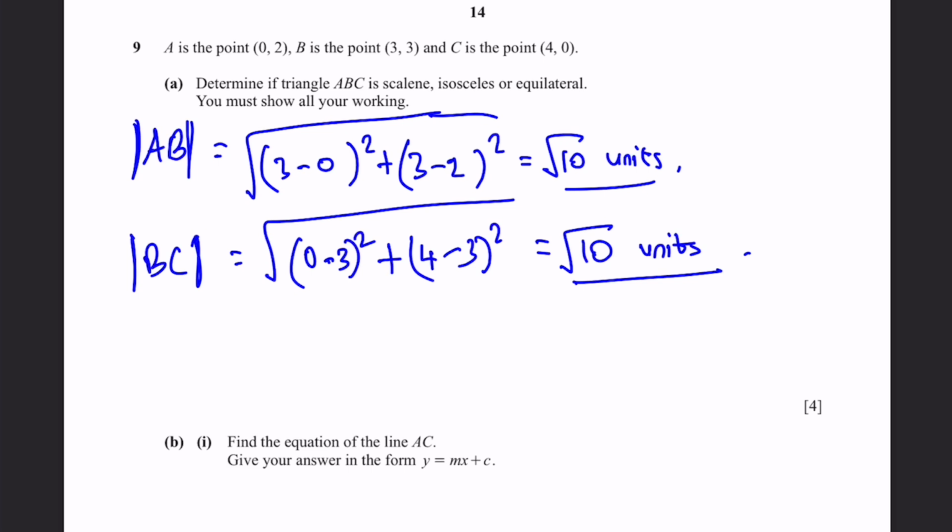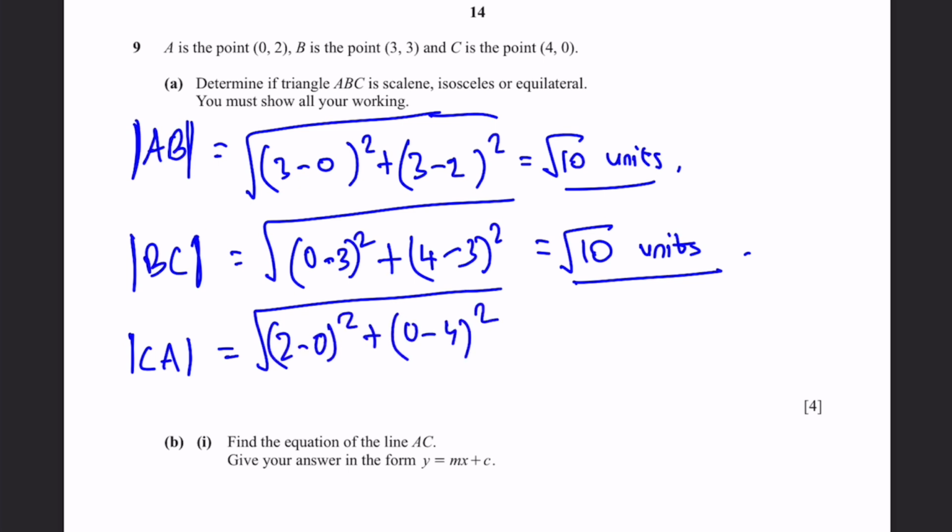Now, what about the modulus of CA? So that's going to be equal to the square root of 2 minus 0 the whole squared plus 0 minus 4 the whole squared. That's going to be the square root of 2 squared, which is 4, plus negative 4 squared, which is 16, square root of 20 units.